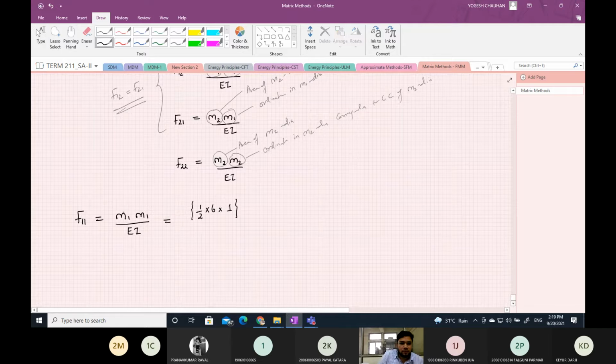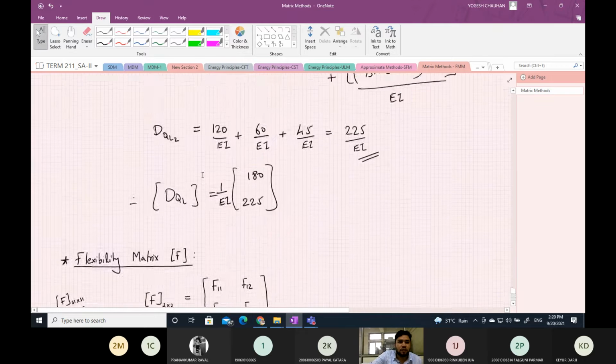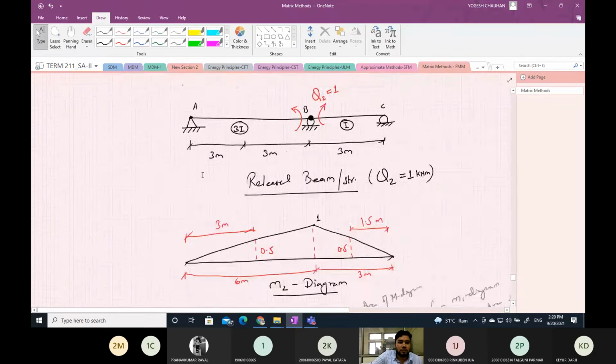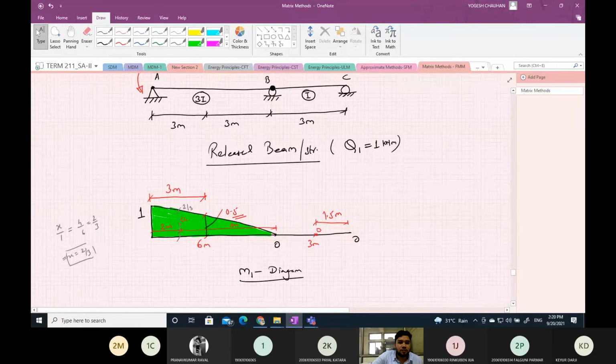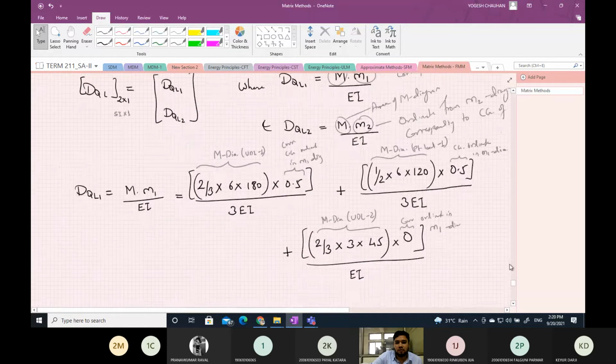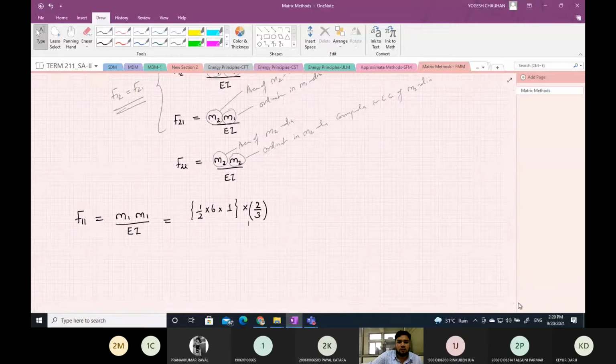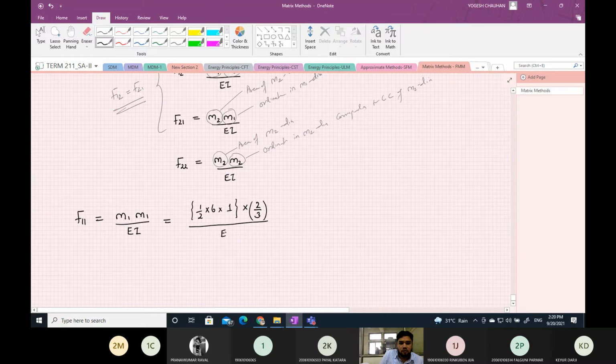So this is the value of m1. Now you have to take the ordinate in the M1 diagram only, in the same diagram. We have found the ordinate corresponding to the CG of the M1 diagram is 2 by 3. This is divided by EI.